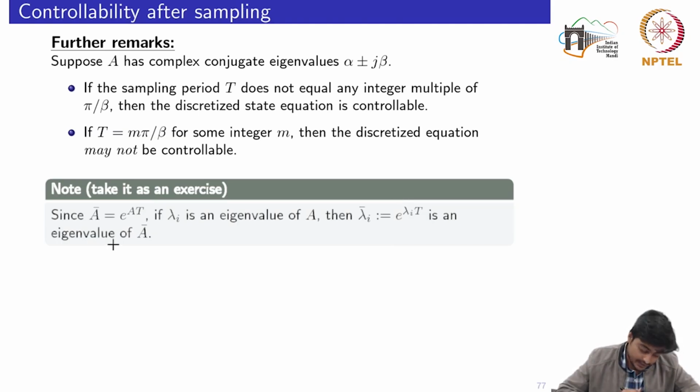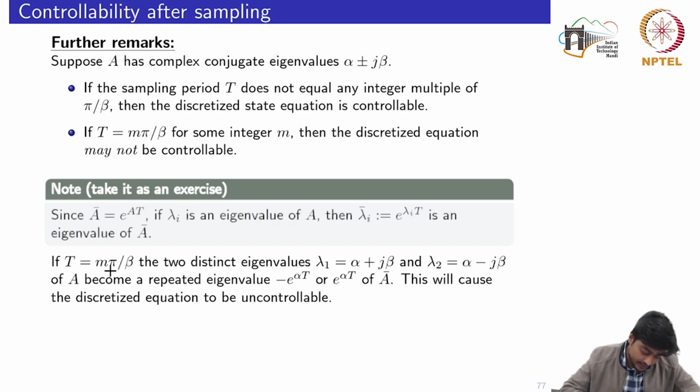You can take this as an exercise if you have any difficulty visualizing this, because both matrices A and A bar are related by this, so the eigenvalues are also related in a similar way.